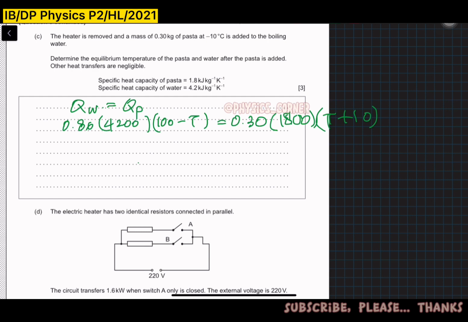So we calculate this. T equilibrium is with 0.86, 0.3 times, I still calculate.